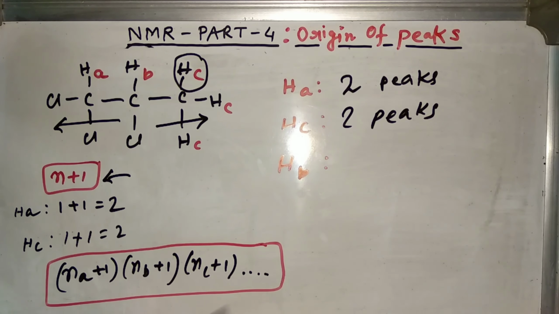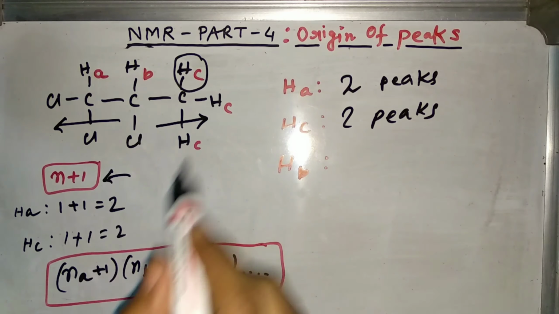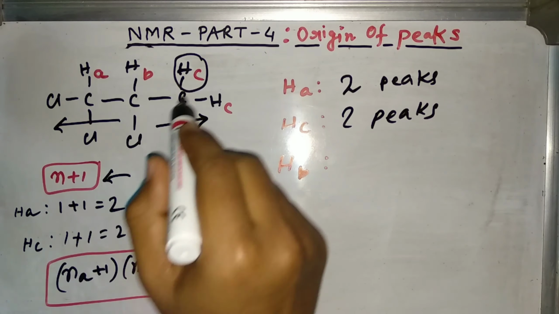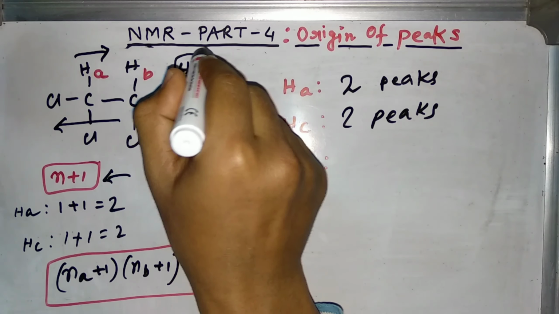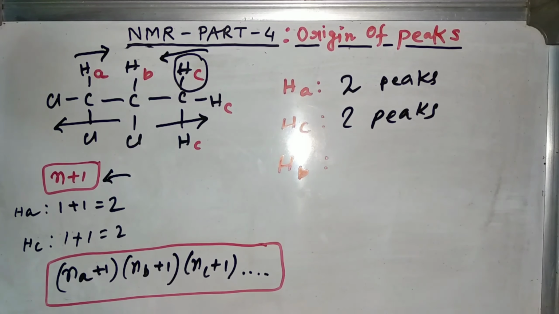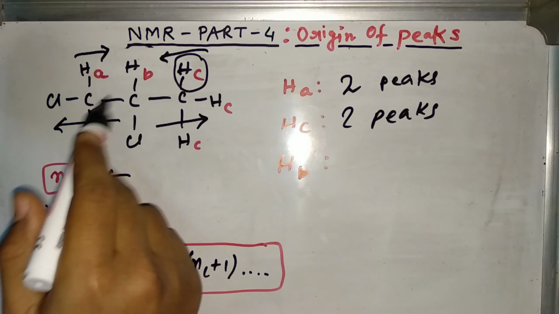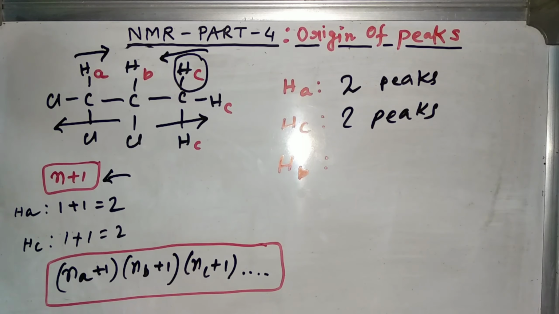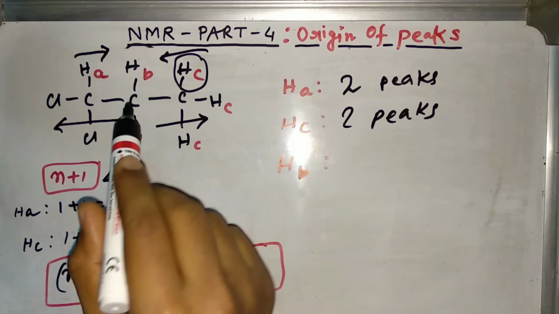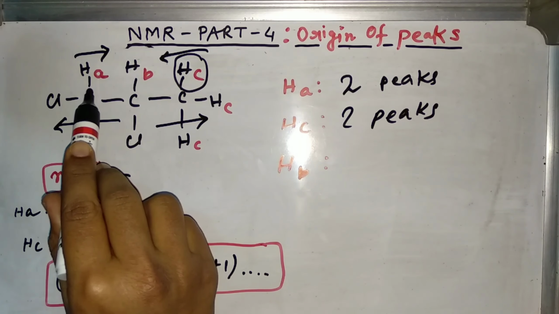So what is important here? What is Na? Suppose we are considering HB. This rule will not be applied for AC or HA, because for these we will find protons on only one side of the system. So AC will just couple with HB. But HB will couple with both HA and AC.